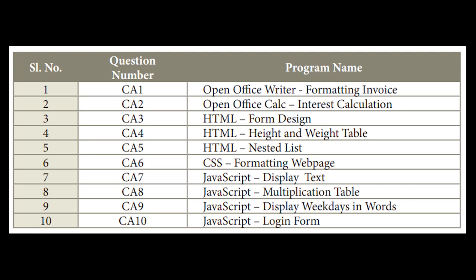When you click on it, it will redirect to the browser and open on the browser screen. If the program is correct, the particular output will be displayed on the browser screen. It may be Google Chrome, Internet Explorer or Mozilla Firefox, whatever browser it may be, it will redirect to that browser and you can check the output.